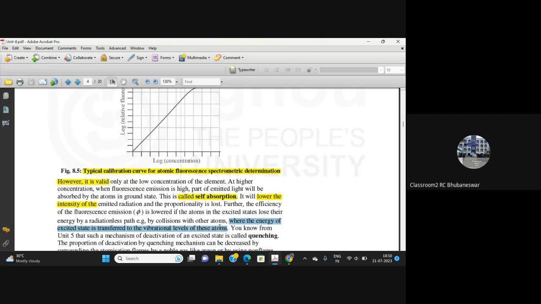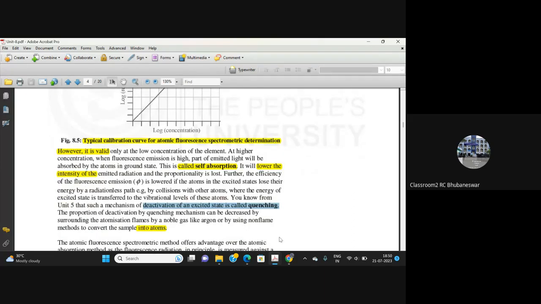Vibrational levels may absorb certain radiations, but since these vibrational and rotational energy levels are not quantized in the same way, they are not going to take part in the process. So this deactivation of the excited state may happen, and it is known as quenching.